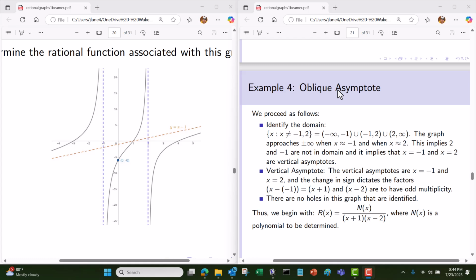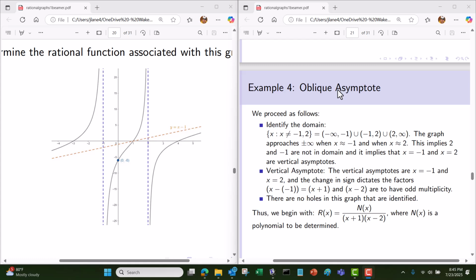We begin with identifying the domain. In this case, the domain is all of the values except for -1 and 2. When we examine our graph, we see that the graph approaches either positive or negative infinity when I am close to x equals -1 or close to x equals 2.